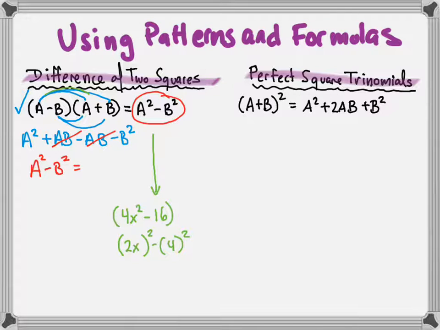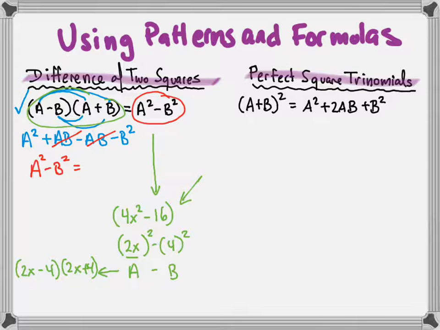So using this pattern right here, we recognize that 2x was a and 4 was b. So we put these into this particular pattern here where we would say 2x minus 4, 2x plus 4 would be the factored version of this guy right here. And that's how we dealt with the difference of two squares in Math 2.